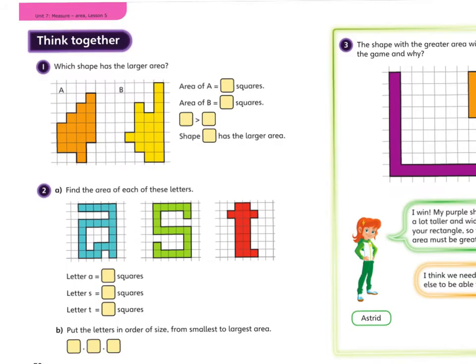Okay, let's think about this question together. Which shape has the larger area? So is it A or is it B? So you're going to count the squares and work out which is larger. So 1, 2, 3, 4, 5, 6, 7, 8, 9, 10, 11, 12, 13, 14, 15, 16, 17, 18. 18 squares there.